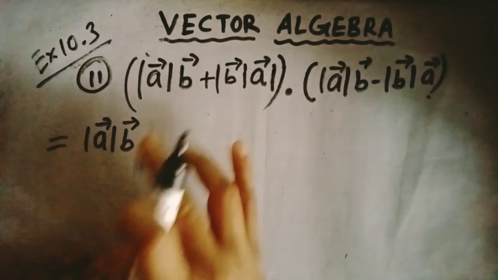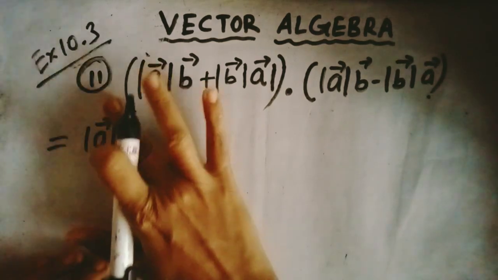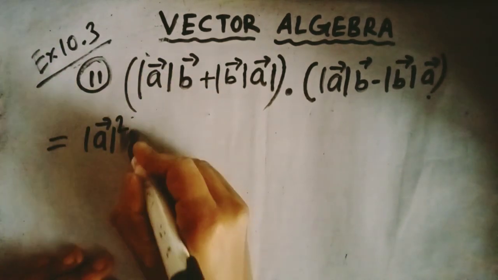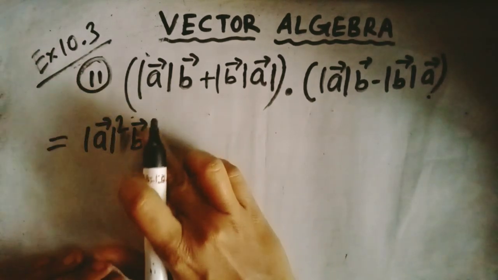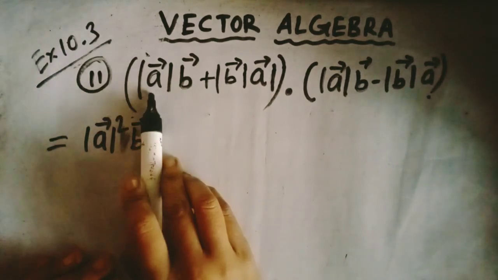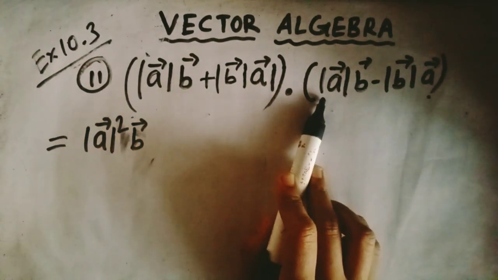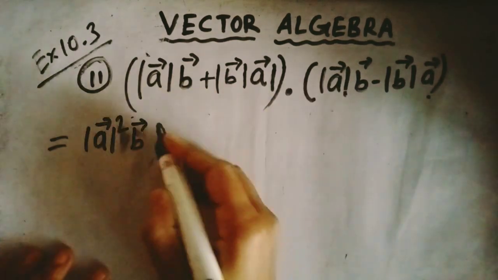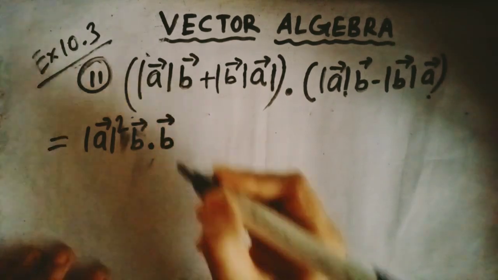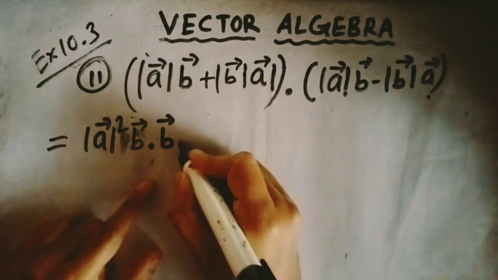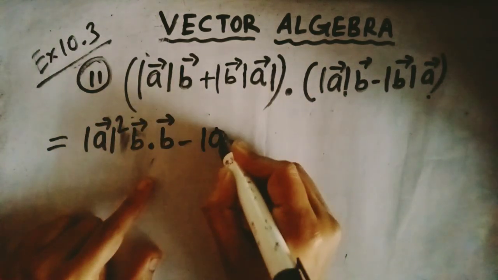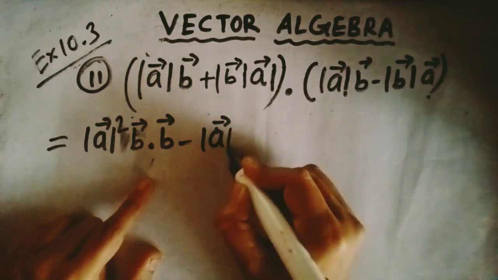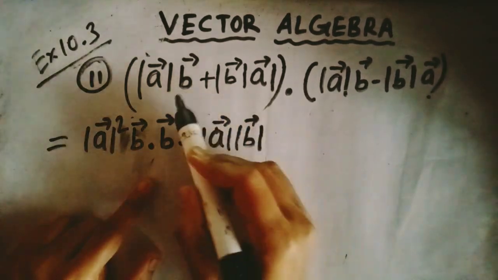So this will be magnitude of a square into this square. No, this won't be, this is scalar, right? Magnitude of a is scalar, but this b is a vector, so this you have to write b dot b. Okay, then minus a into b and b dot a.